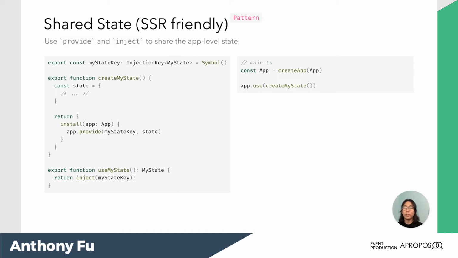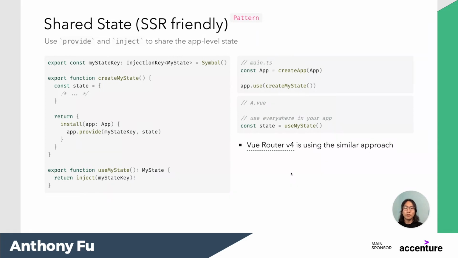In usage, we can create the state in the main entry and pass it to app.use, and you can use the hook useMyState everywhere in your components. If you have ever tried Vue Router v4, it's actually using a similar method, like createRouter and useRouter.